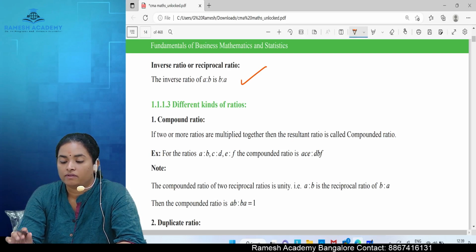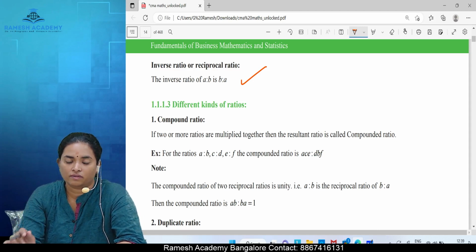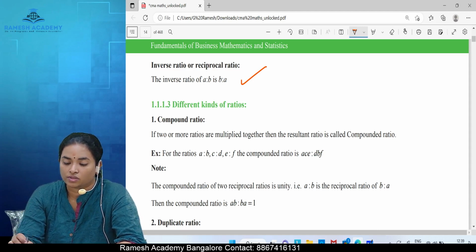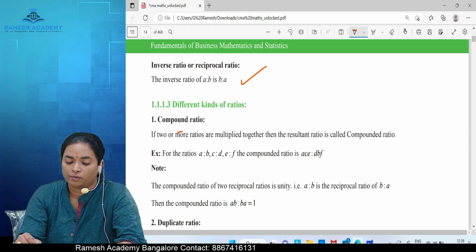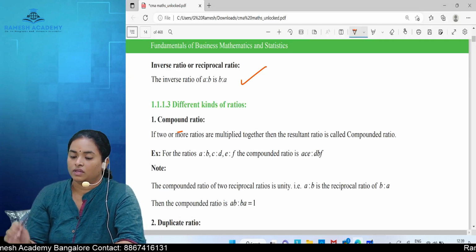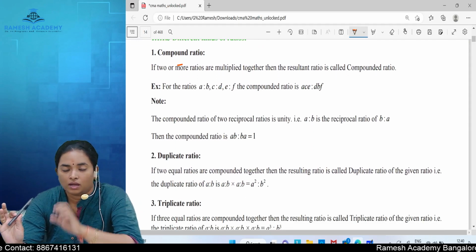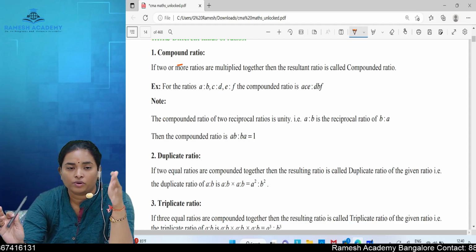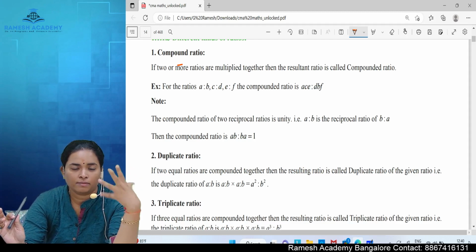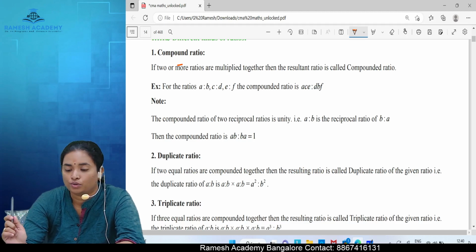Next we have different kinds of ratios. Okay, now till here you saw the basics of it. Now different kinds of ratios. We have compound ratio, duplicate ratio. Okay, now they might give different types of ratios and ask you to find the compound ratio, given some terms or some A, B, C, D values, and they'll ask how to find the compound.